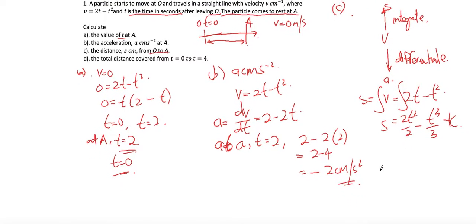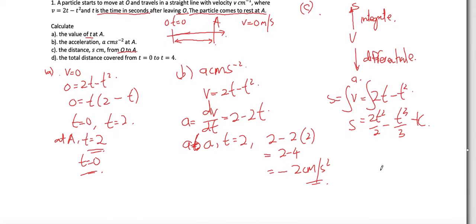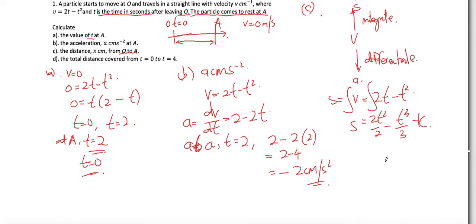Now, with the given information, I can find c. At O, t = 0, and the particle hasn't moved, so s is also 0.